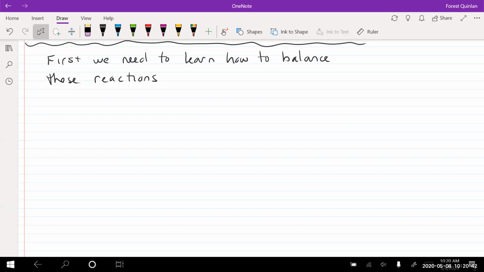So, first we learn how to balance these reactions in acid, then in base. So I'm going to go ahead now in the acid. So most of these redox reactions will use acidic conditions.